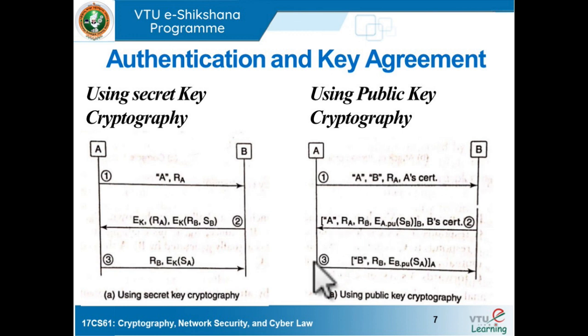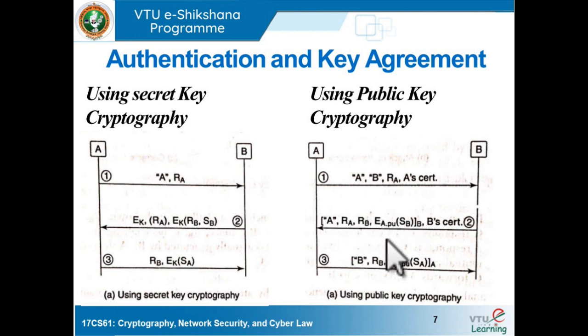and after retrieving SB, it will generate a message and send it to B. Now what does this mean? From B's certificate, A is able to retrieve the public key, retrieve the entire signed information, and then perform a decryption.